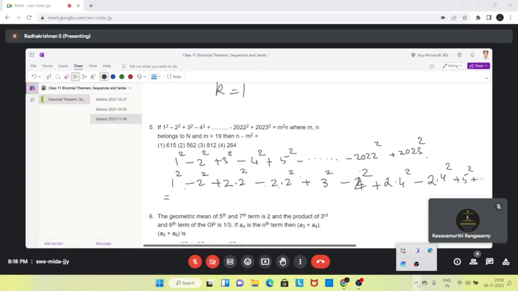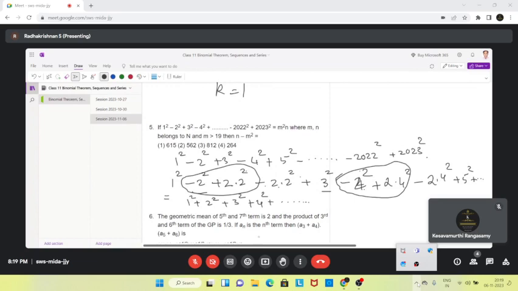So basically this is plus 2 square. This I am keeping as it is, 3 square. So here again, minus 4 square plus 2 times 4 square is simply 4 square. So I have converted it into basically a square series.